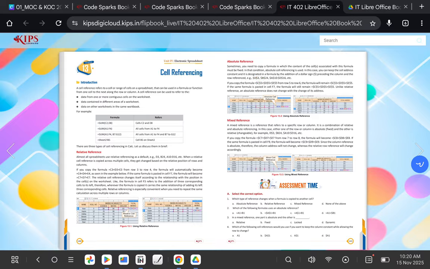Relatively it is not changing when we are copying the formula. Okay, so you should understand the meaning of absolute reference. You have to put the dollar sign, and then even if we copy, it will not change; it will not reflect any relative change. It will always refer to the particular cell we have mentioned, like $D$3, that simply means it will refer to D3 because the dollar is mentioned here.